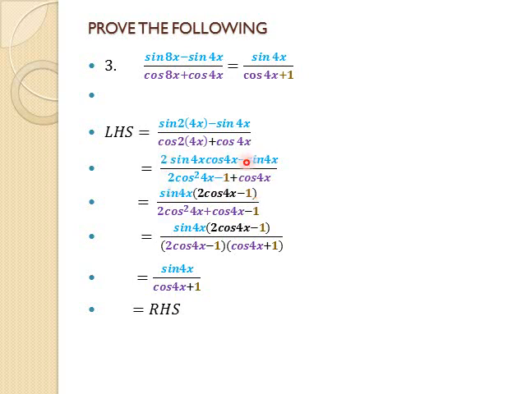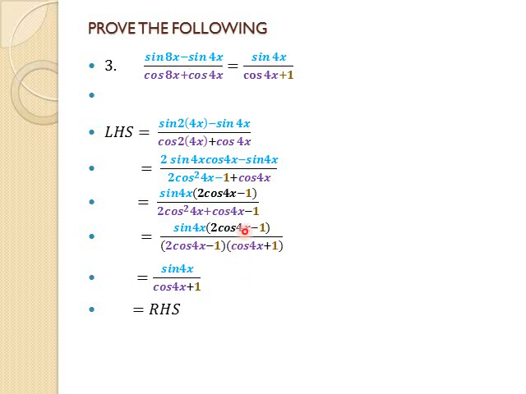Remember, anything divided by itself always equals 1. At the bottom, I write 2 cos squared 4x plus cos 4x minus 1 in standard form so I can factorize it as a trinomial. 2 cos squared 4x can only be 2 cos 4x times cos 4x, and negative 1 can only be negative 1 times plus 1. Multiplying out the two furthest, 2 cos 4x minus cos 4x gives me cos 4x.